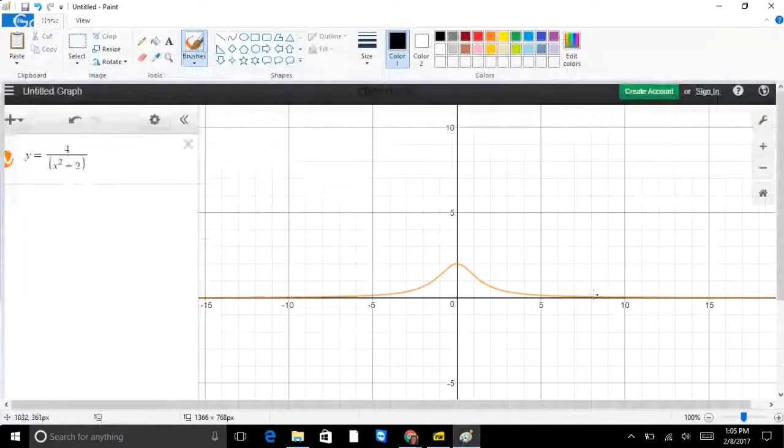Remember, the domain is our x's. In this case our x can be any value, right? If x equals 0, 0 plus 2. And because we have a squared value, we can never have a negative. So in this case our domain is all real numbers.